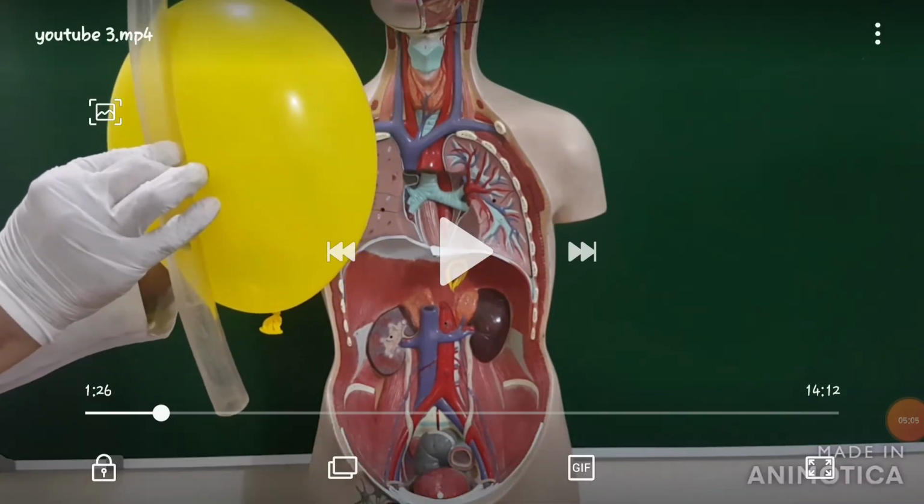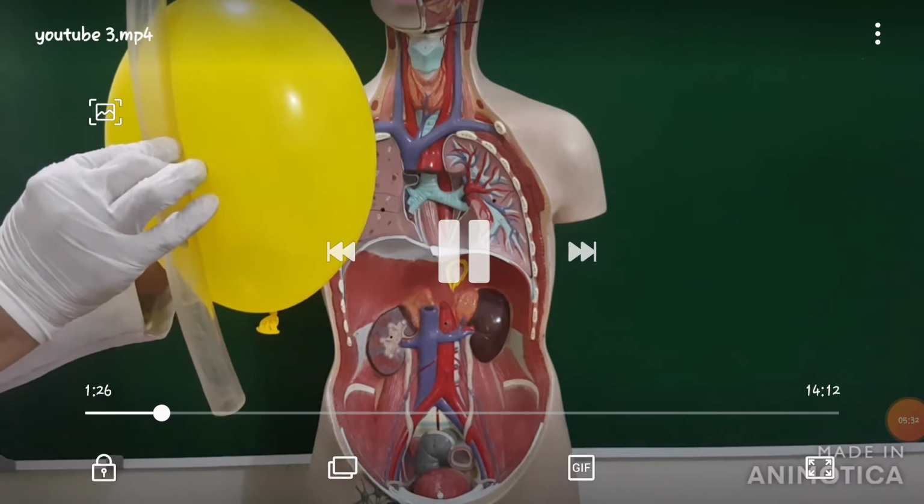The part of the balloon that covers this tube makes up the visceral peritoneum, while the part of the balloon which is away from the gut is going to develop into the parietal peritoneum. Now let's just play it and see.